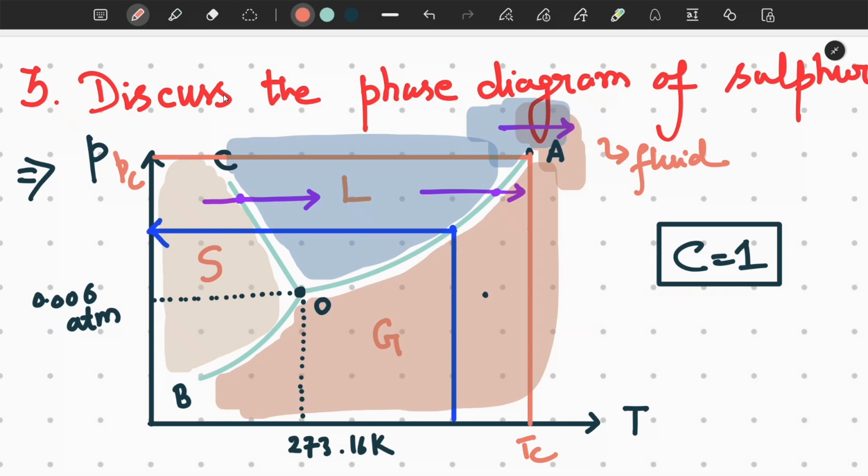Is it clear? It might be something very strange to hear. It will coexist means there is the equilibrium between those phases. No equilibrium, sorry, no equilibrium. You will see suddenly it is liquid, then it will be converted to solid, solid to gas, then also from gas to liquid.